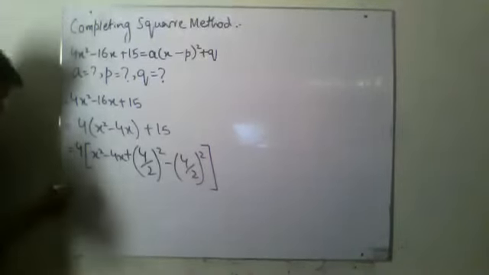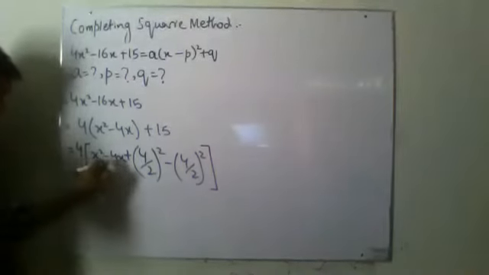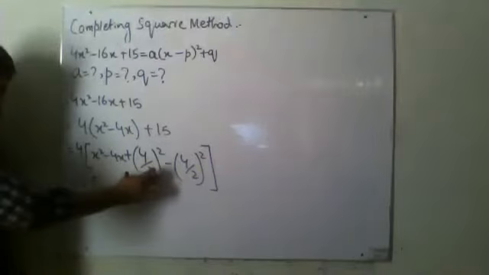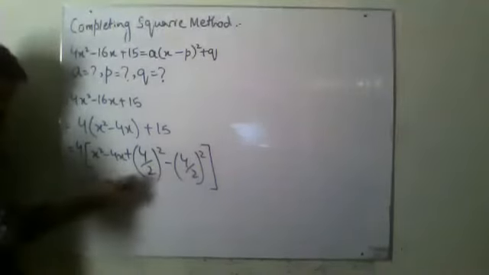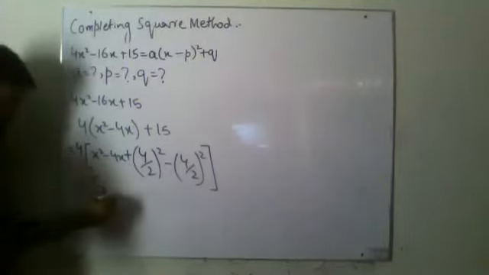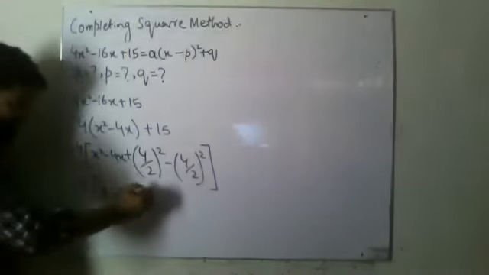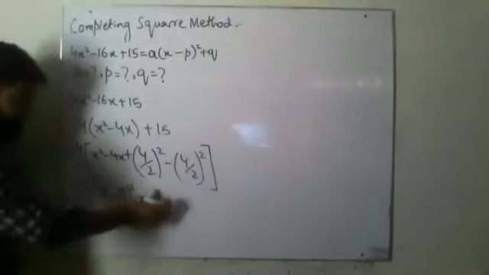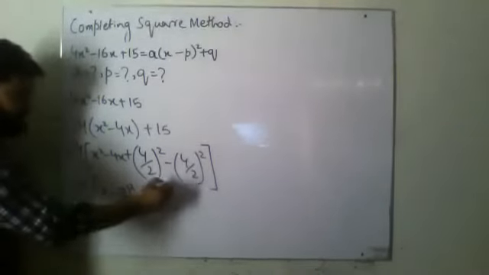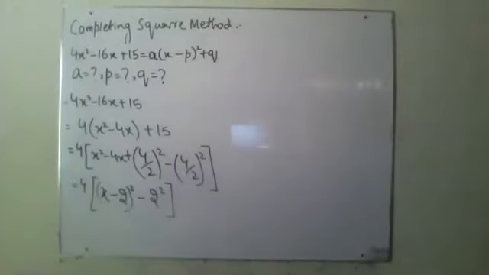After this, what we have to do? This is equals to a square minus 2ab plus b square. So this will become x minus 4 over 2, which is 2, whole square. I think this is clear till this point.